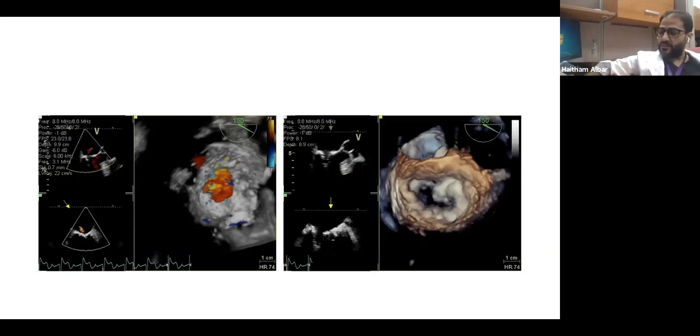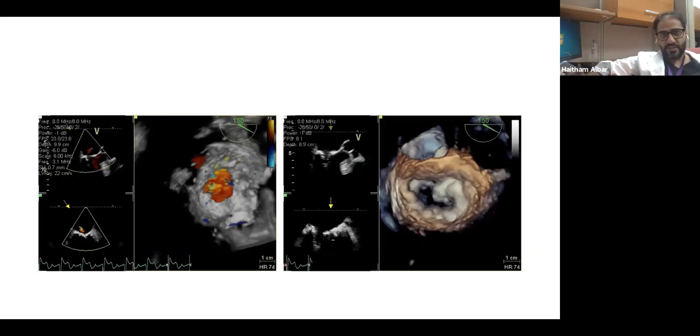She's a female with chronic kidney disease and all these calcifications, so the risk of rupture in the AV groove is high. What I can do is meticulous surgical debridement, then patch that area, then place a valve.